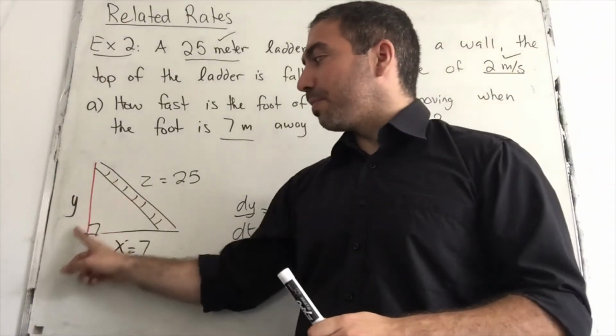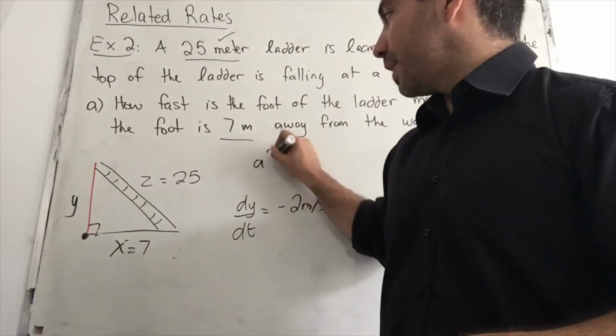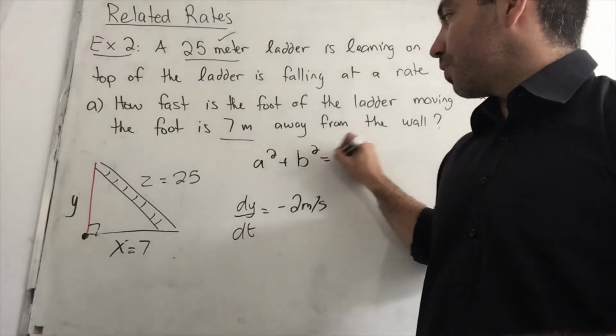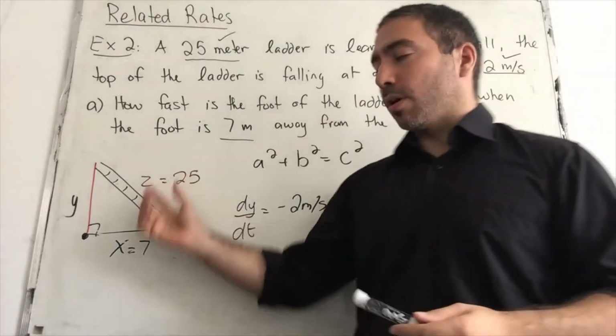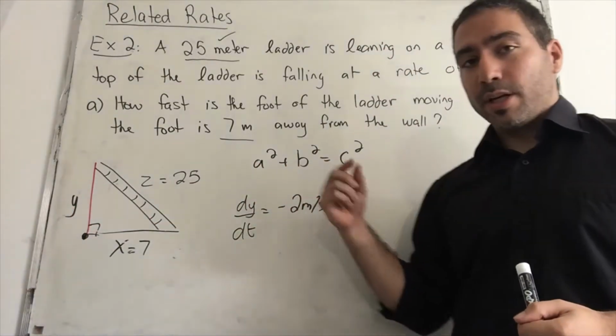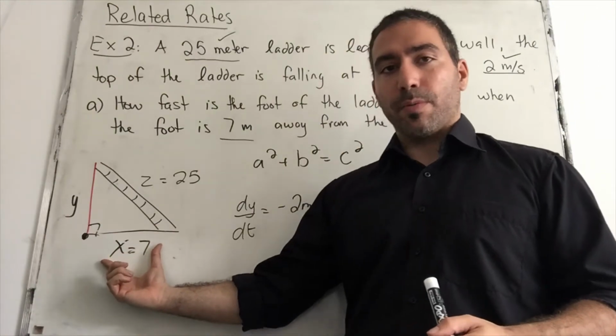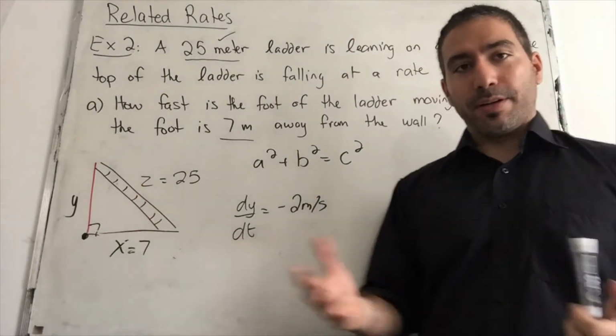So here we have to use the Pythagorean theorem formula, which is typically shown as a squared plus b squared equals c squared. Okay. You do not want to use more parameters on top of the ones that we labeled. Use the parameters that are actually used in the problem according to your sketch. If you wanted to call this a, b, and c, then that's fine. You could do that as well.